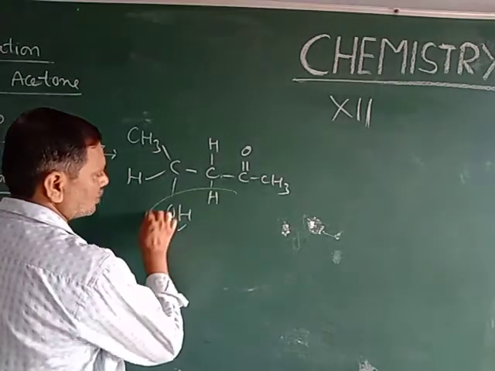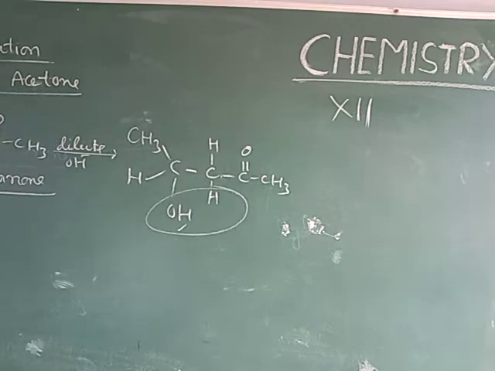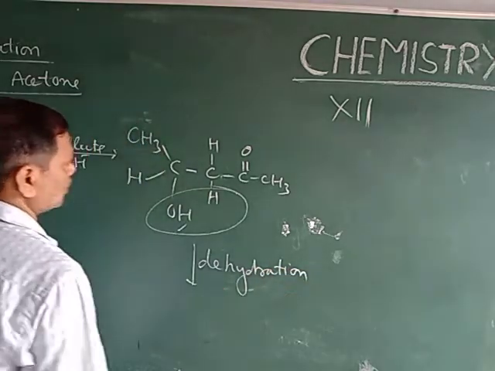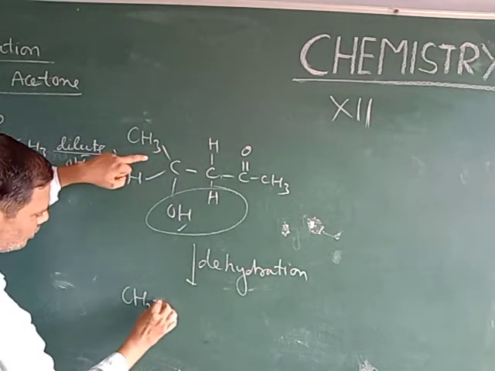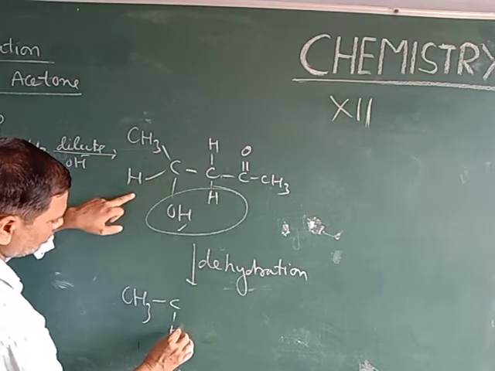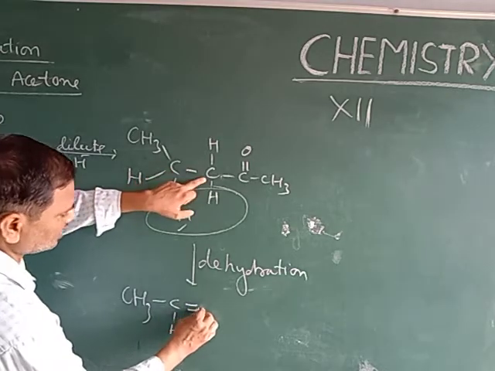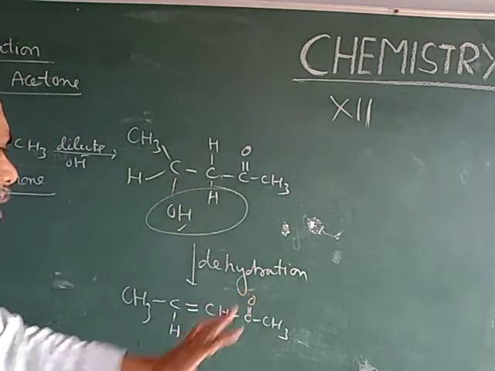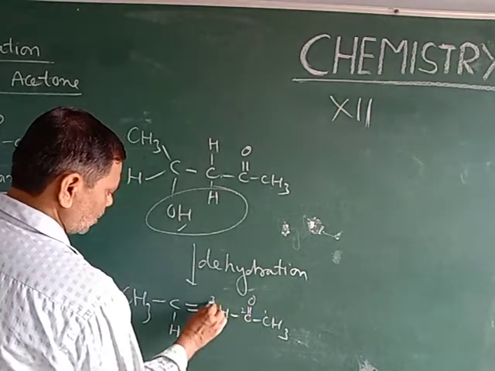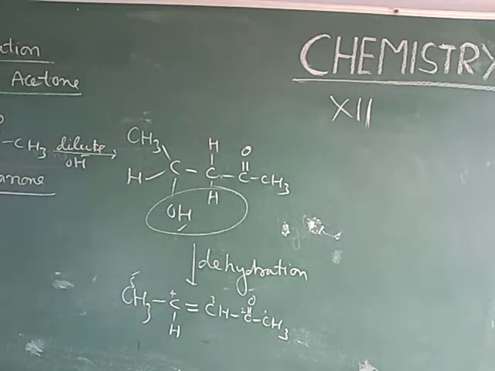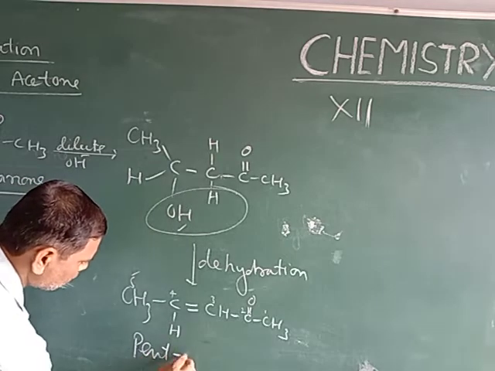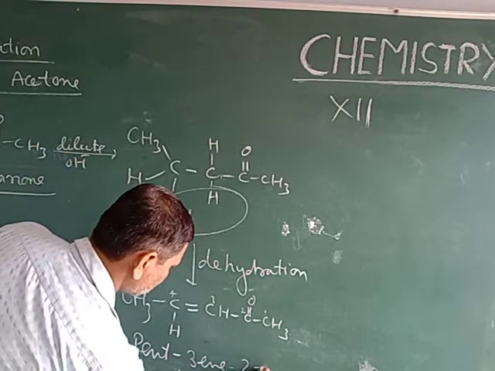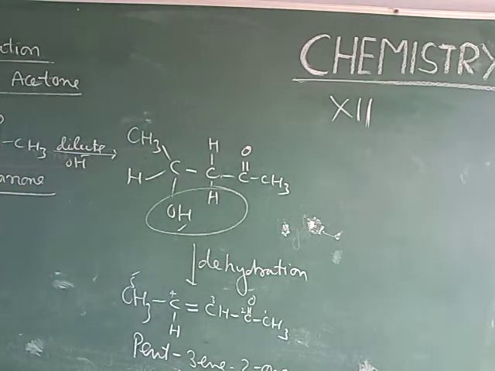Now dehydration takes place, a water molecule is eliminated from the compound, and you will get CH3CH with a double bond to CHCOCH3. Numbering 1, 2, 3, 4, 5: this is pent-3-en-2-one.